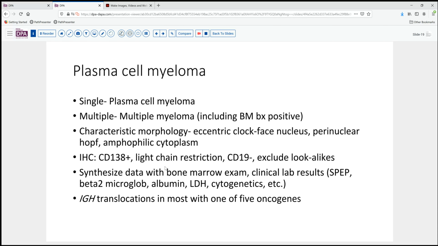Now, of course, it's very helpful to then synthesize the morphologic data, your bone marrow exam data, along with various clinical lab results to appropriately stage and provide prognostic information for the patient.